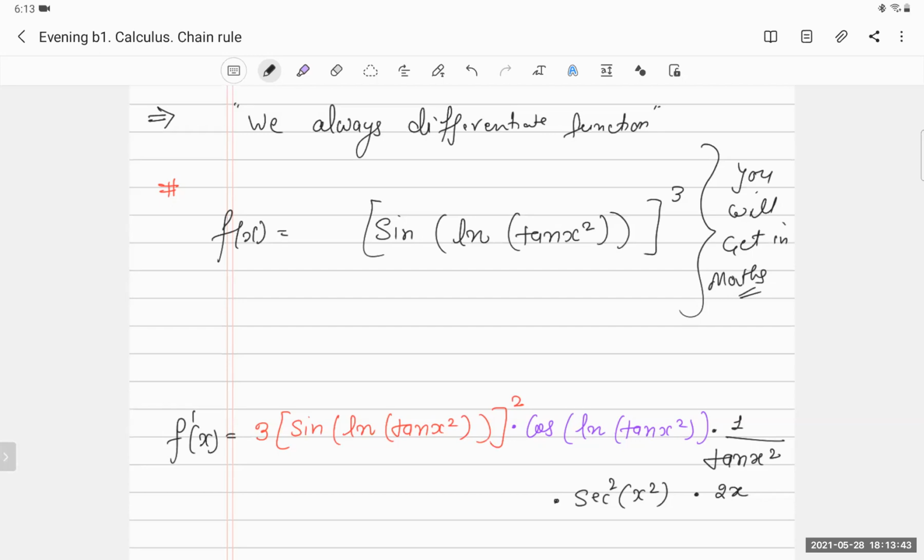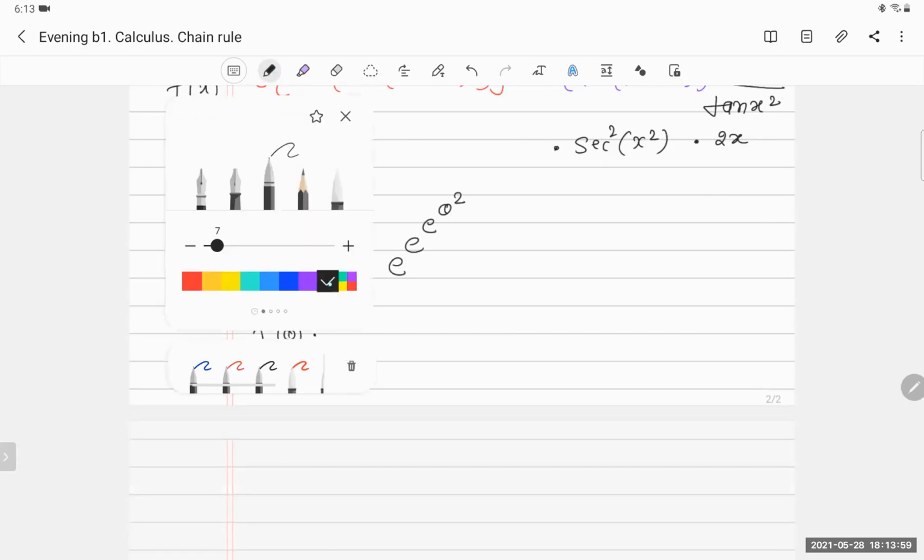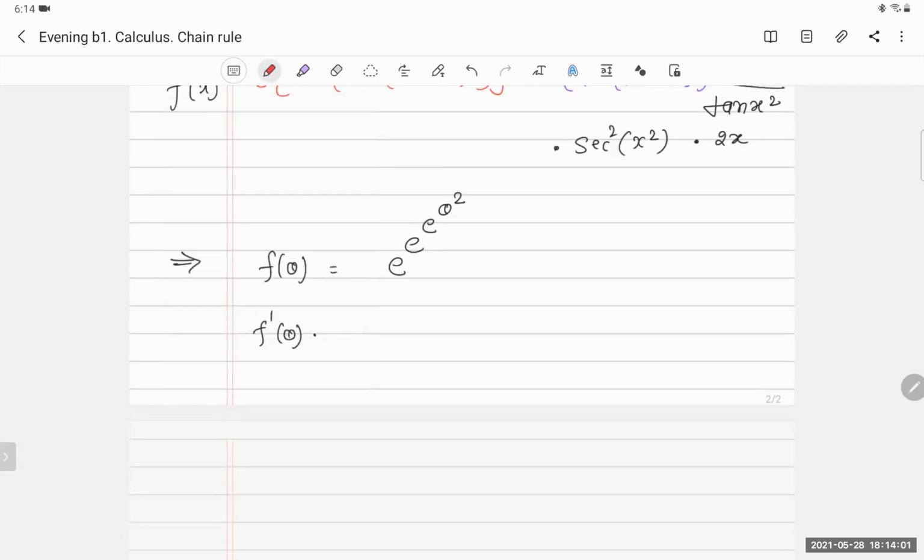Now I'll give you some more complicated function. Some guys told me that f theta is e to the power theta square. Now tell me what will be f dash theta. Solve it. So it is e raised to theta square.